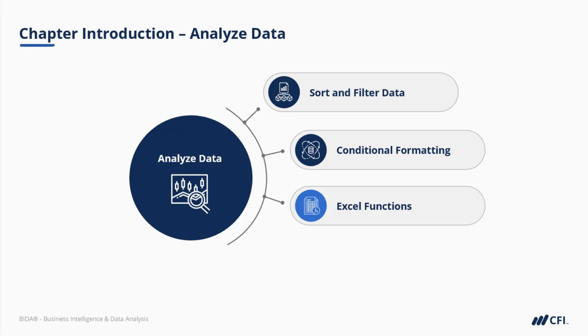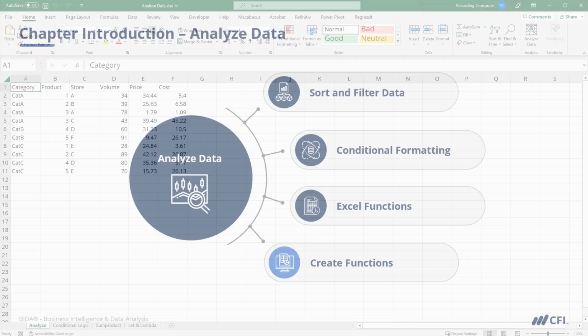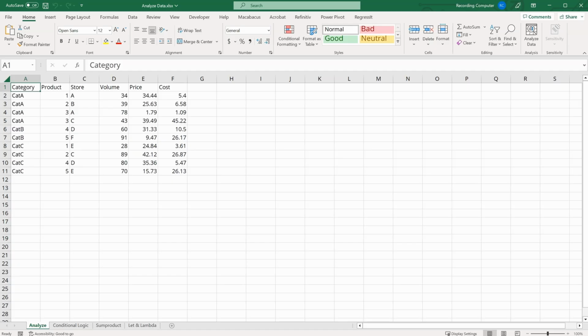We'll use some popular Excel functions for conditional logic and mathematical formulas, and we'll also see how to create our very own functions, specifically for our analysis. By the end of this chapter, we will have a better understanding of the suite of analysis tools available to us in Excel and how each of them can help us with our analysis. Let's get started. Let's start to analyze our data in Excel.